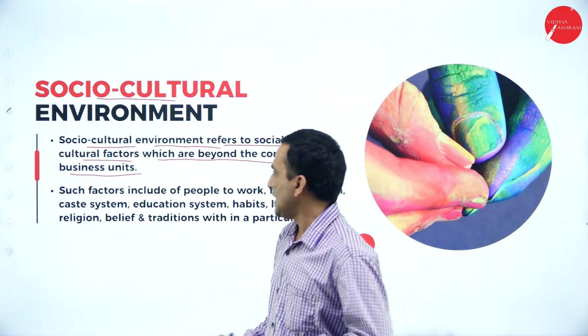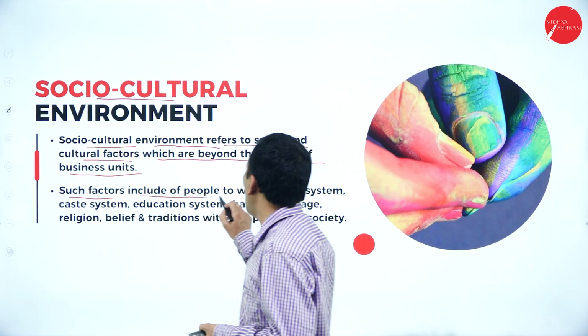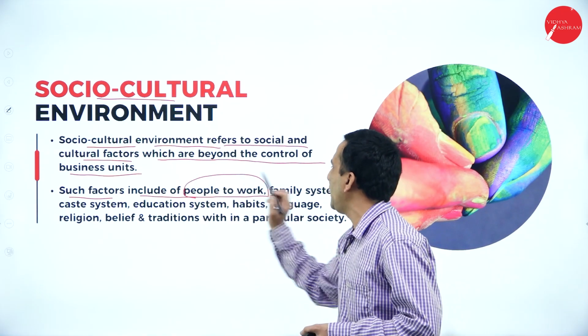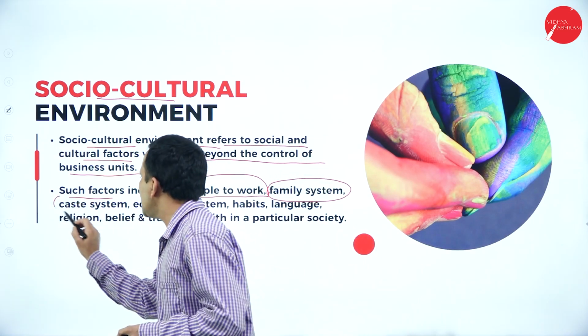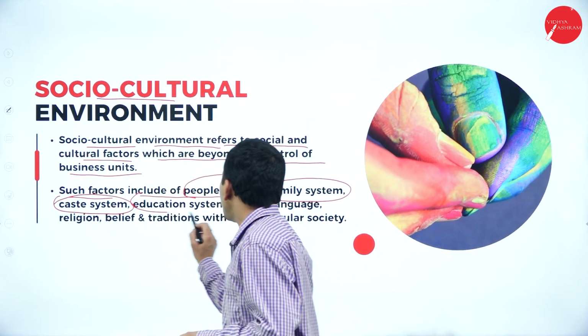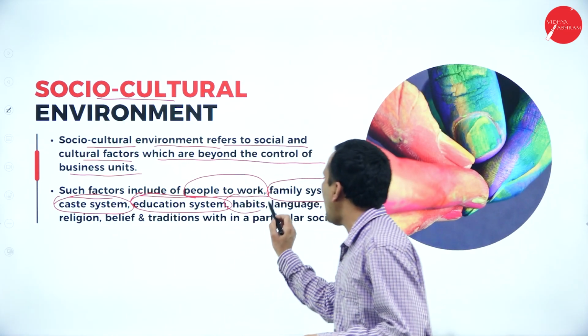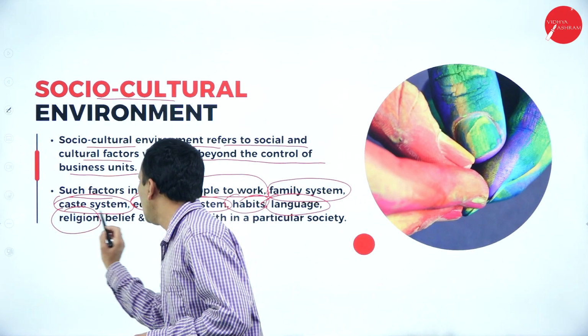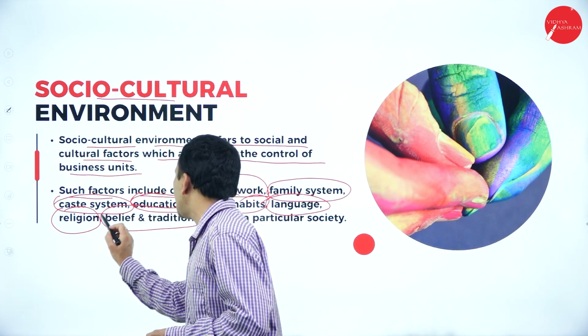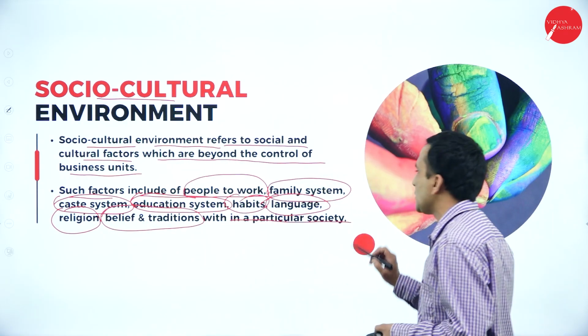Everything they want to study. Such factors include people at work, family system and caste system, education system, their habits, their language and religion, beliefs and traditions within the particular society.